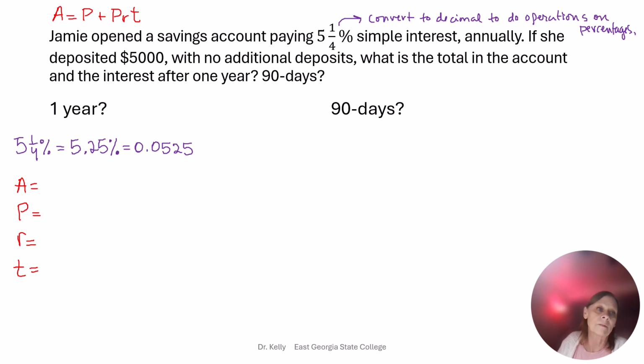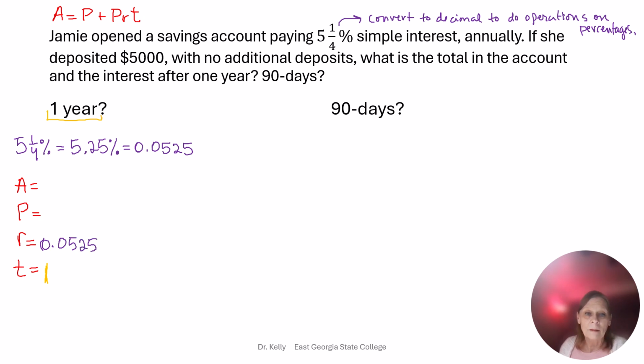First, let's see the obvious here, which is 1 year. So T is equal to 1. We know that. Now let's go back up here to our problem, and it says we opened a savings account paying 5.25% simple interest. So we know that our R is the 0.0525 that we just figured out.